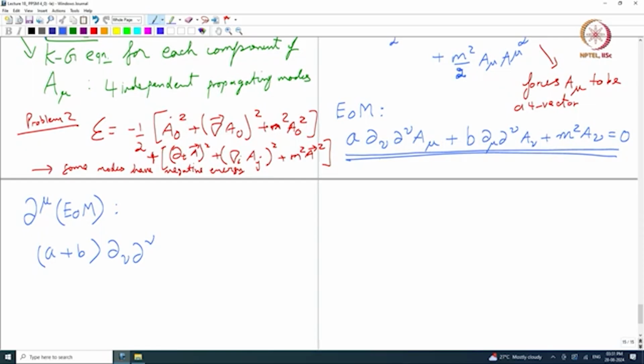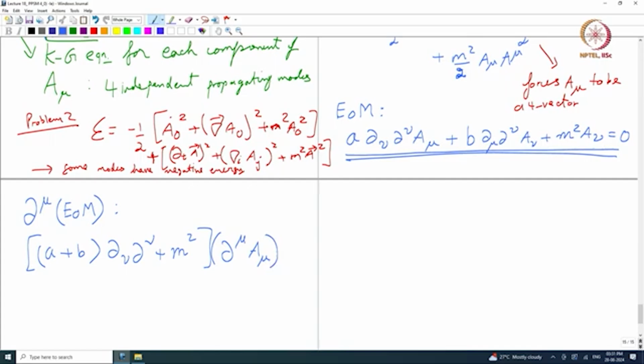Okay. What else happens? So I can also pull out the mass square term, and at the end of the day the partial mu term just eats the covariant index of the A term.